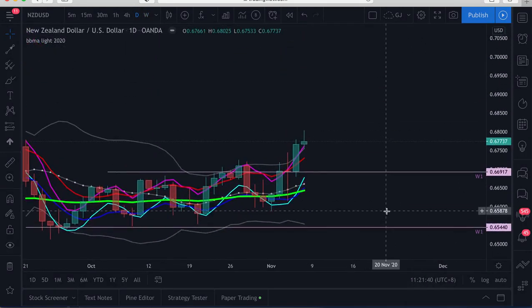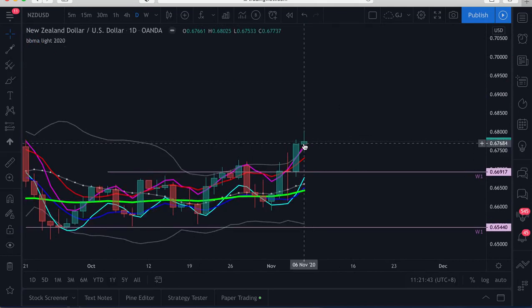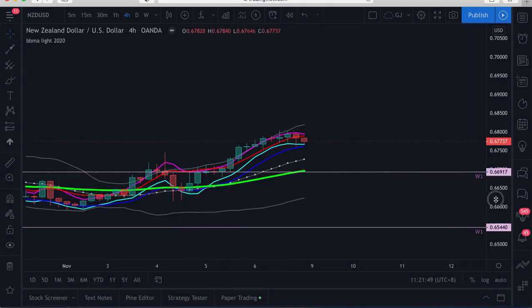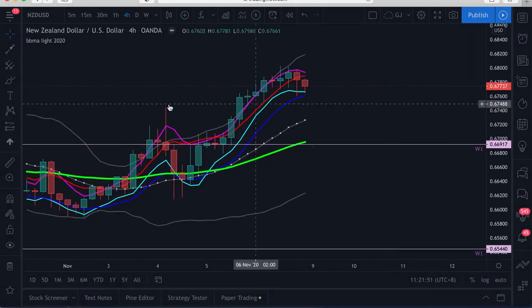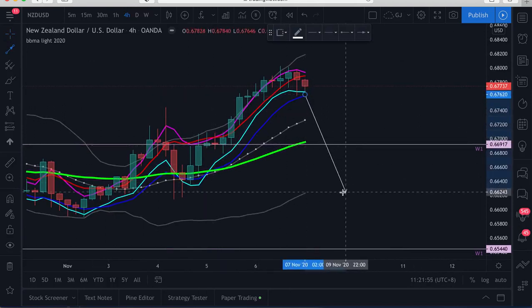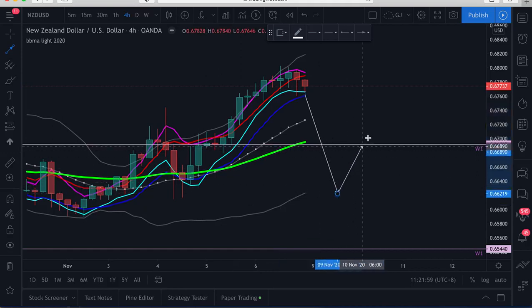However, on daily we can see price close outside the Bollinger Band, so this is a CSM buy. On H4, however, price is closing inside the Bollinger Band, so to sell we need to wait for this one to close below the low BB, make a pullback.